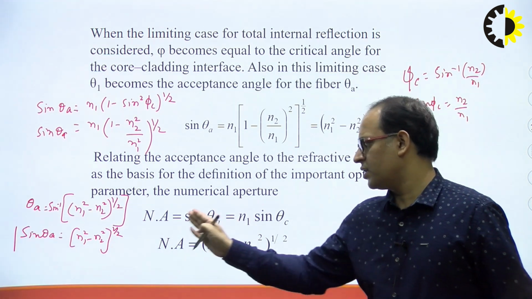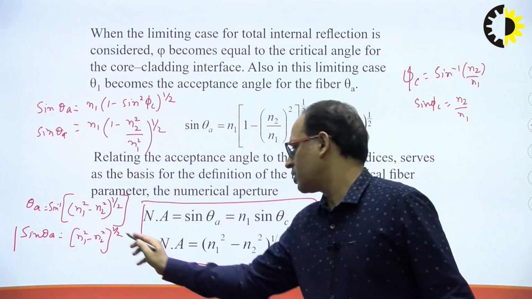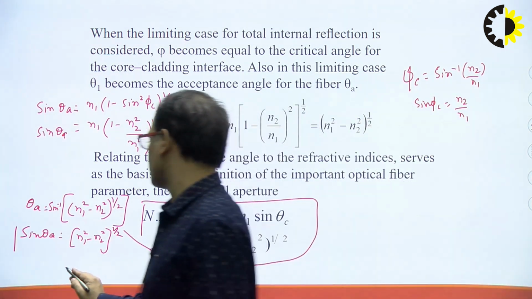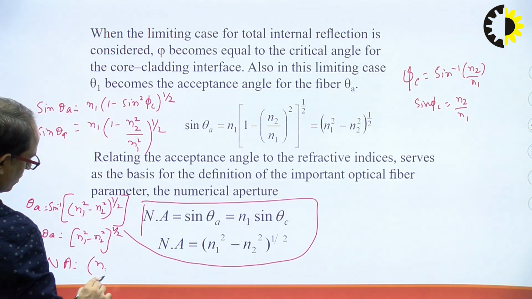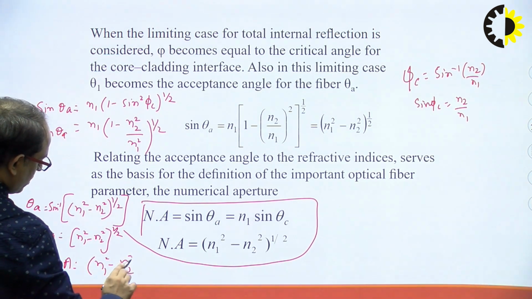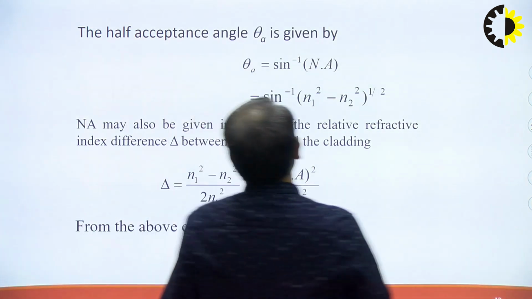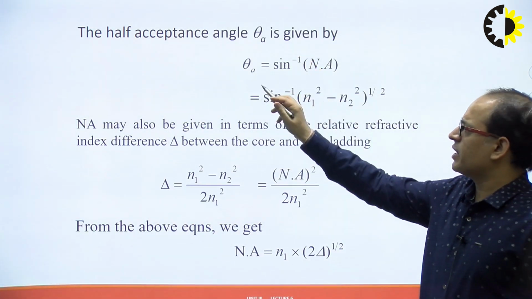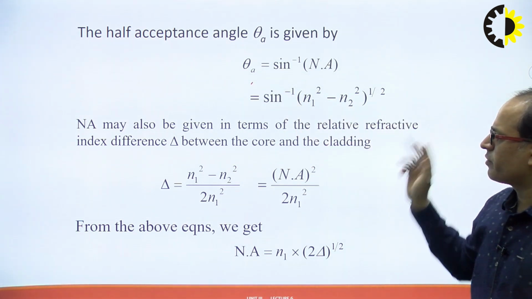This sin theta A is known as the numerical aperture. Numerical aperture is equal to (n1 square minus n2 square) whole power 1/2. Clear? So the half acceptance angle theta A is equal to sin inverse of (n1 square minus n2 square) whole power 1/2.